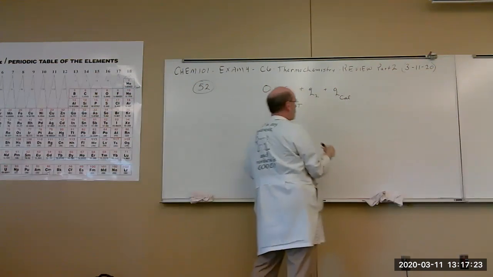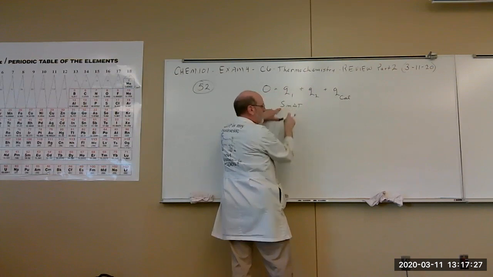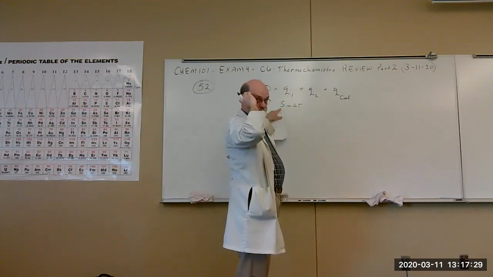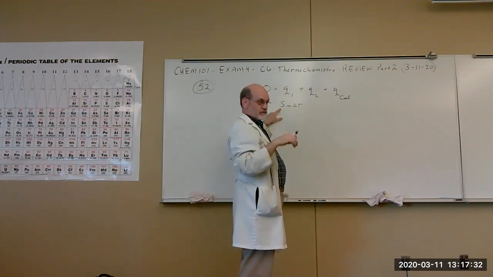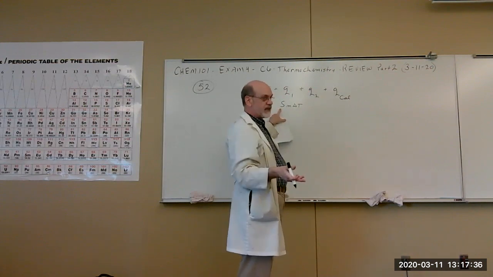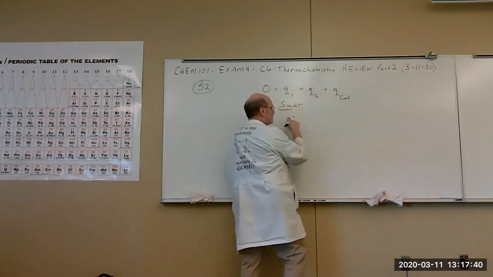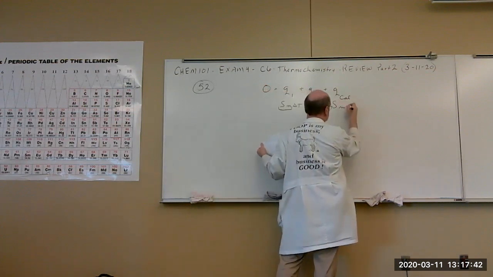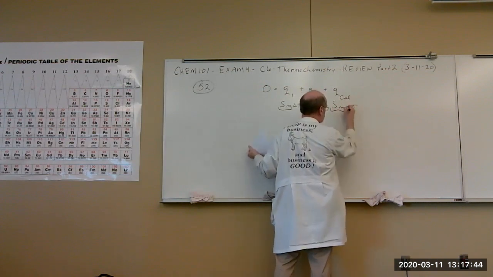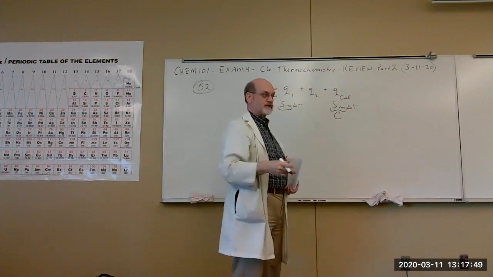I'm not going to write that. But this one, the S and the M are combined. You don't necessarily need the mass of the calorimeter. You don't need to know its specific heat. You just need to know what they are together. And when we put them together like that, that's a big C for our calorimeter constant.